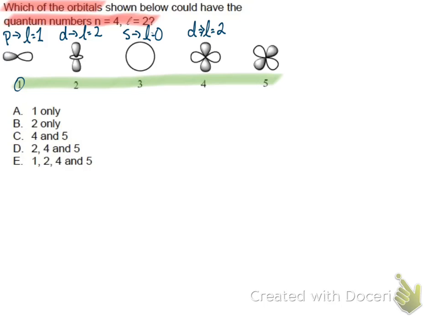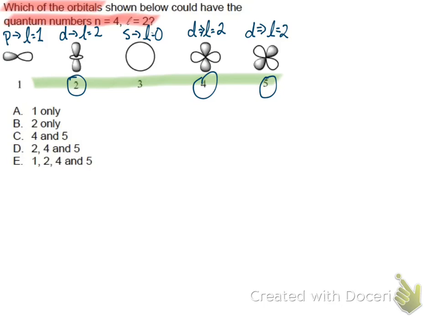And then lastly, we have another d orbital. It's just turned by 90 degrees. This cloverleaf shape is a d orbital. And so we have L equals 2 here as well. And then all we need to do is circle those for which, let me erase this, L equals 2. We've solved our problem.